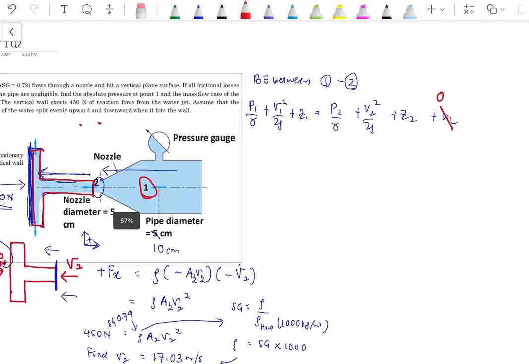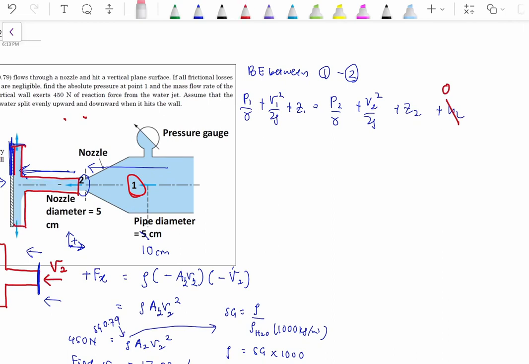Okay, now let's simplify our Bernoulli equation. P1 is inside the pipe, so it has to be there. P2 goes to the atmosphere, outside the pipe, so it is equal to 0 kilopascal gauge. Okay.